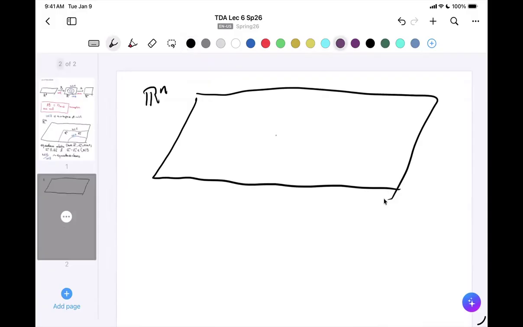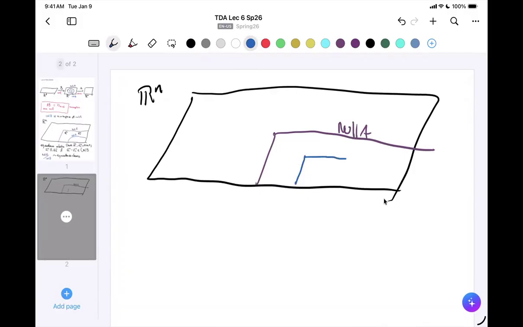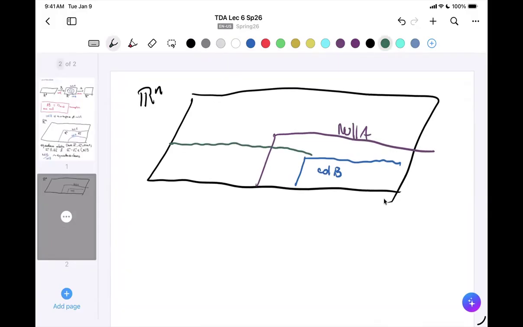So essentially, you have here the null space of A. Let's say here's the column space of B. And the column space of B has an orthogonal complement, which we can call the orthogonal complement to the column space.